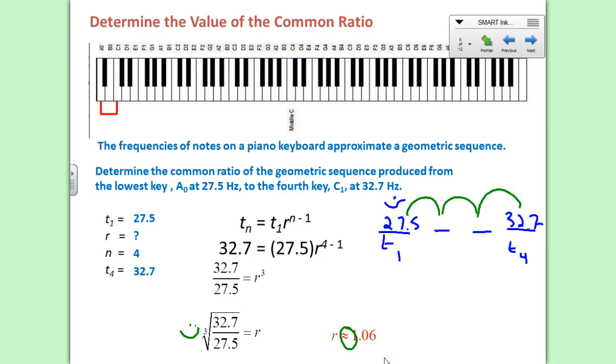So clearly we can see that if my frog was jumping by multiplying by r, that without using the formula, just using common sense, a person would say, hey, to get from 27.5, you multiply by r cubed to get to 32.7. And then you would solve that equation the same way you had, right? So there's different ways of approaching it, and some of us can just use the formula, and some of us can just use common sense, depending on which works best for you.